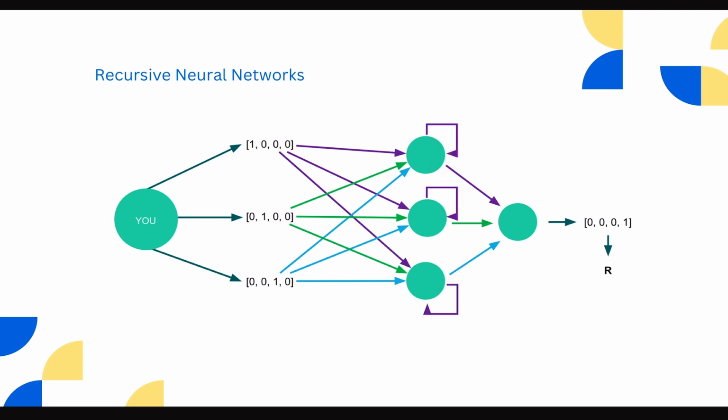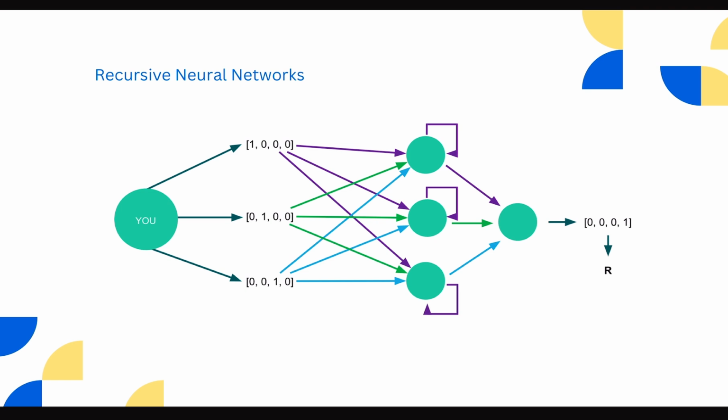This structure helps the network retain information over time, making it more suitable for tasks like text generation, where we are trying to generate the next set of words, right? Or also understand context and maintain coherence across longer sequences, which is very crucial for text generation.